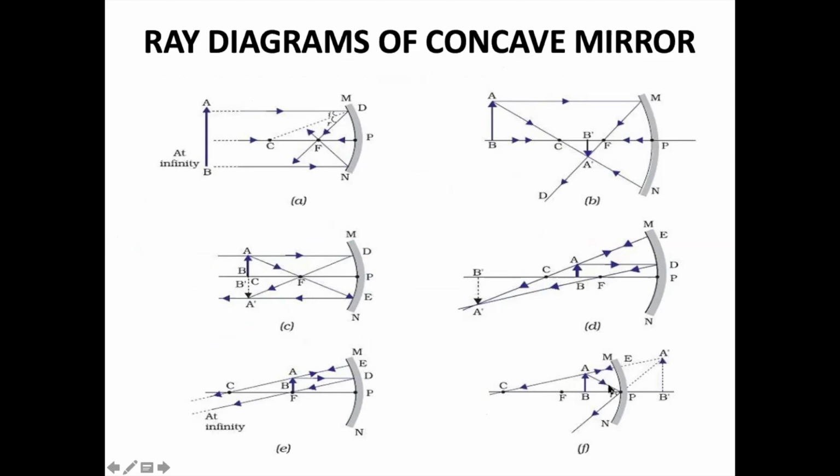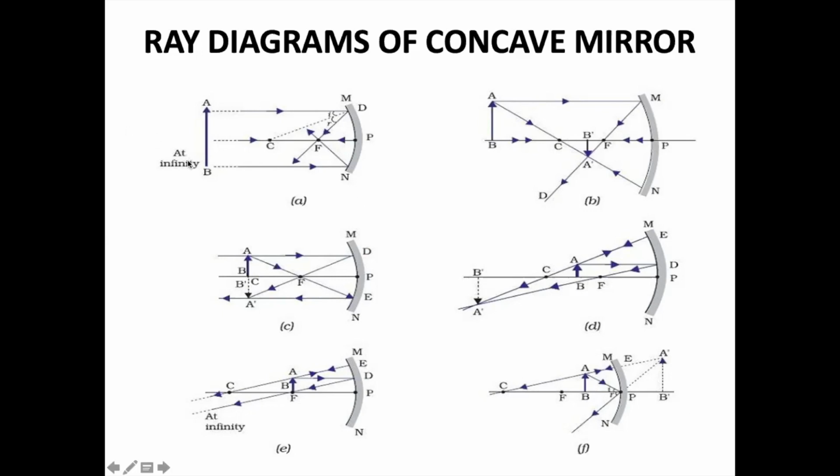It is going to the pole, it will come back in the same direction. Imagine the distance between these two is increasing. See, they're never going to meet. So we have to extend them backward and they will appear to meet. And virtual images are always erect. In a concave mirror, the virtual image is larger in size. I think you will know it very well. Which rules have I applied over here? Rule number 3 and rule number 4.